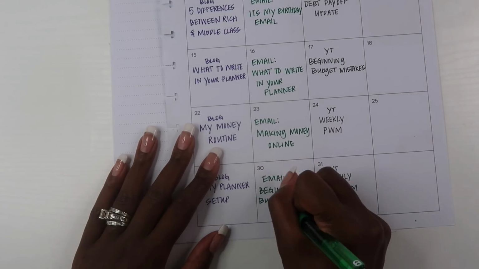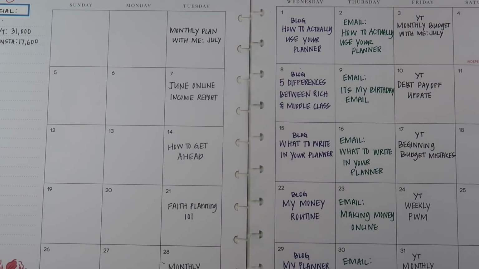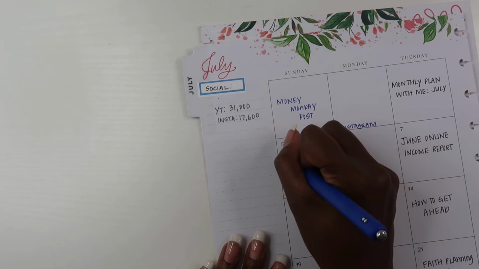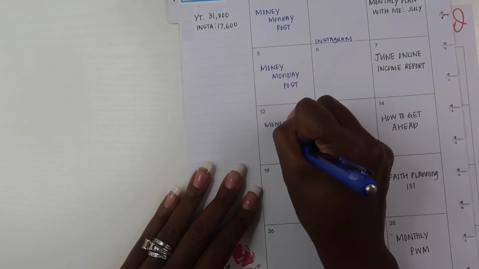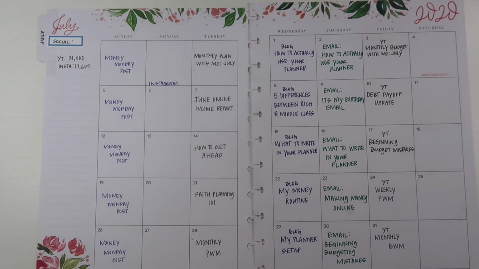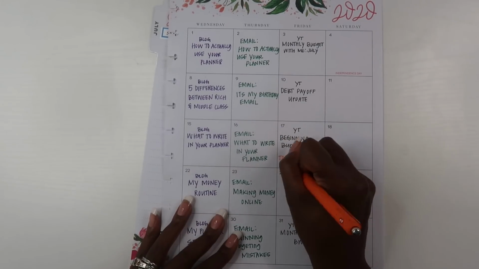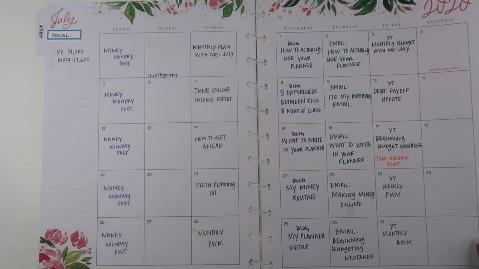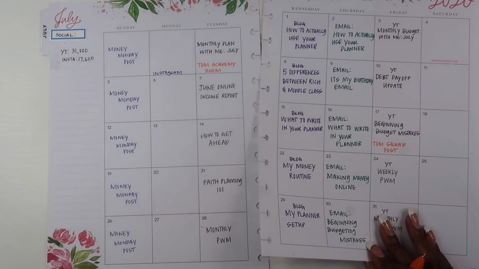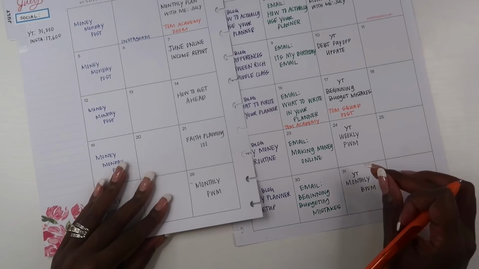And then on the sidebar here, I'm keeping track of my social media numbers, where I started at the beginning of July, and then I will add in where I ended for social media. Because social media is a very big part of what I do, I just decided to combine them all, and then I've just added my different events, different things that I'm doing for Tom Academy, the Tom Squad, or different events, things that I need to speak at, in orange.